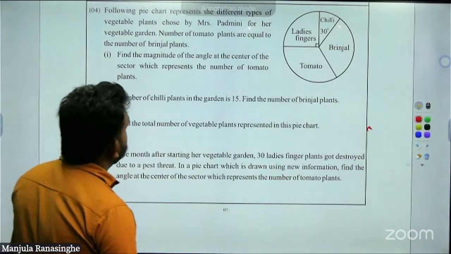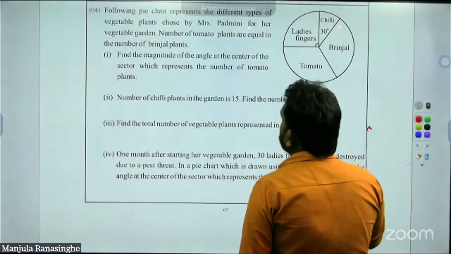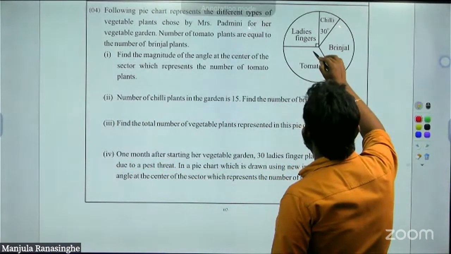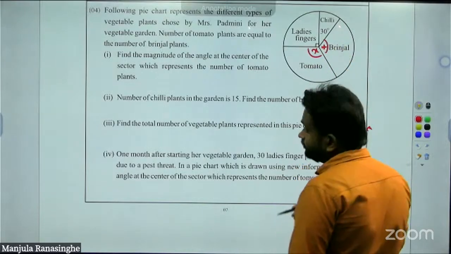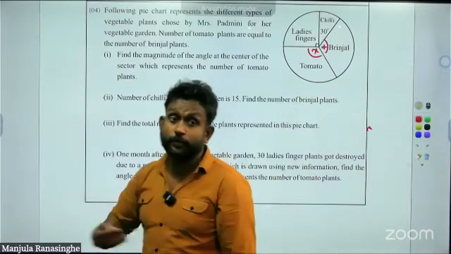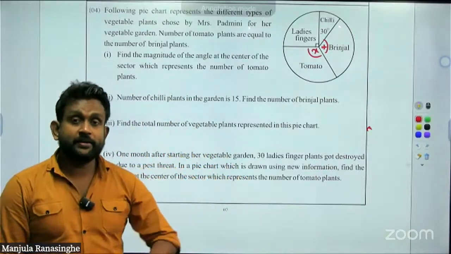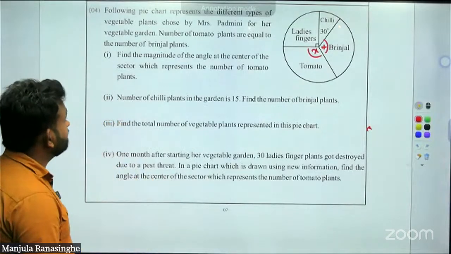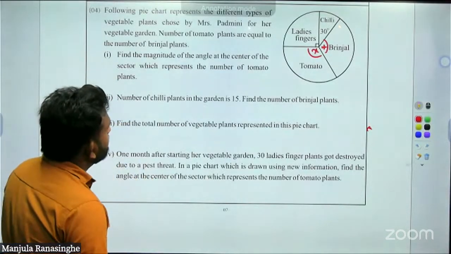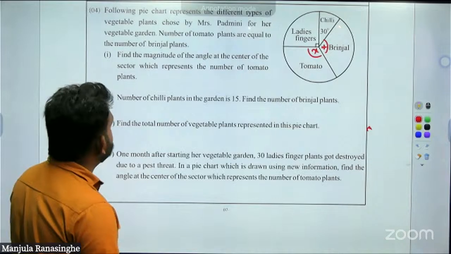The number of tomato plants is equal to the number of brinjal plants. Equal plants means the angle at the sector is also equal. Why? They are directly proportionate. So the number of plants is directly proportionate to the angle at the center. So find the magnitude of the angle at the center of the sector which represents the number of tomato plants.